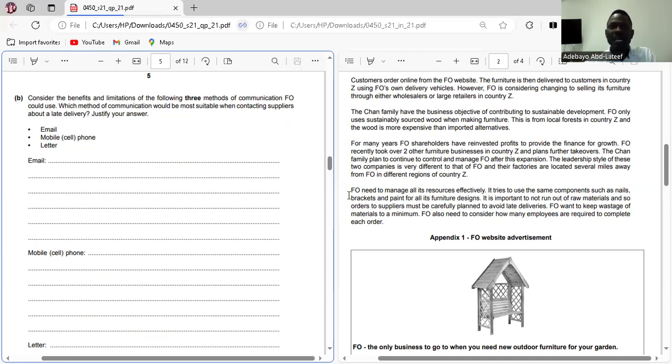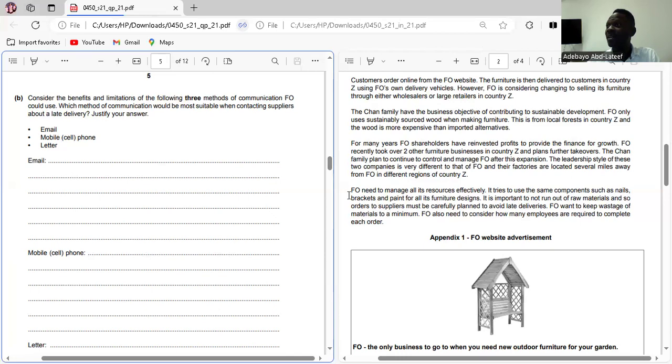Letter writing means you can document it. You can have records of it. It's easier to compose in writing, and you can get it delivered. You would know if it is delivered or not.